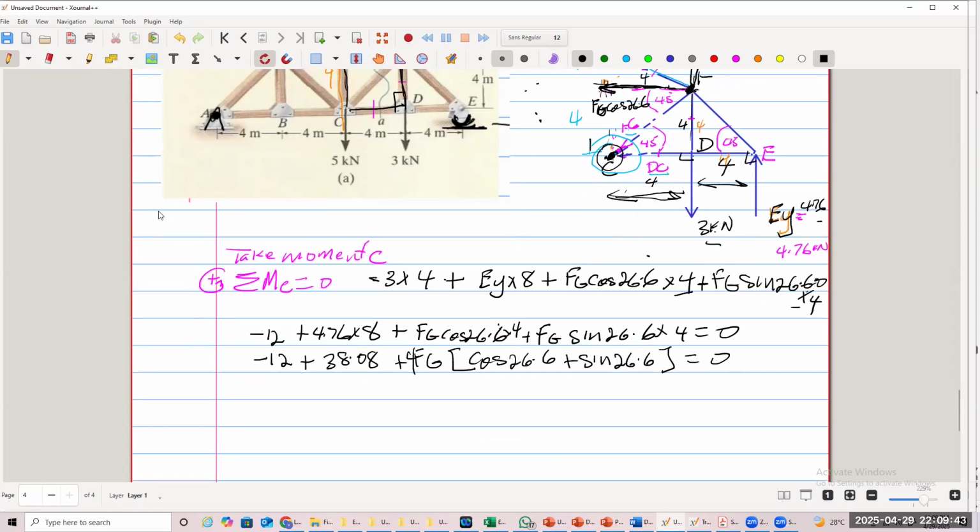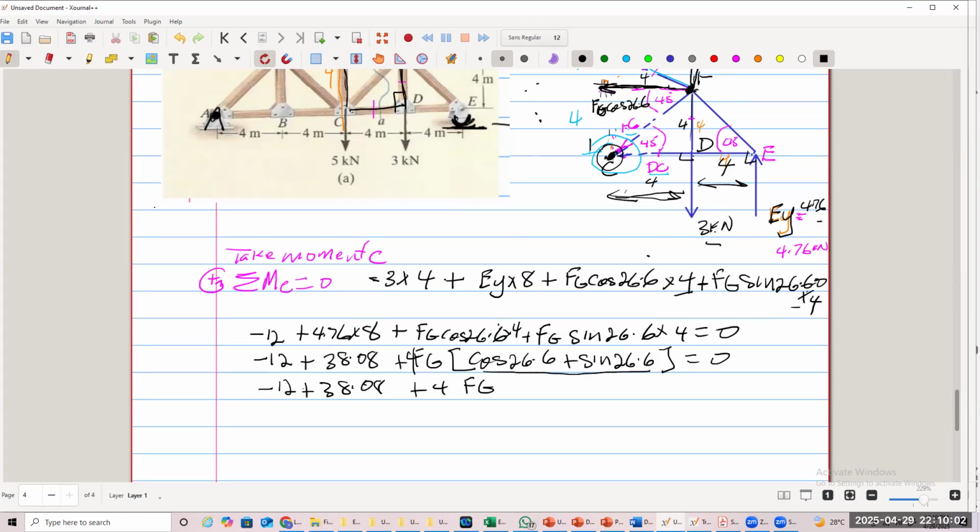So here we are saying it is minus 12 plus 38.08 plus 4FG, because this is going to give you 1. You can check that, it's not going to give you 1.